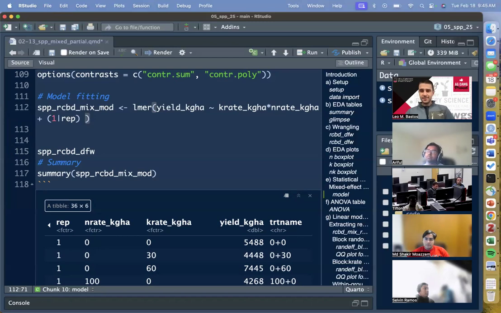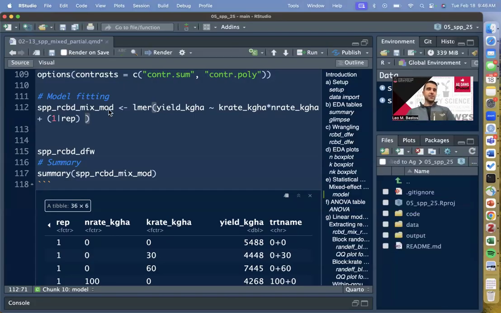Yeah, thanks, Shakir. All right, yes, so this is how the model looked when we had just a randomized complete block design with blocks random and our treatments, potassium and nitrogen, were at the same level. They were not at a hierarchy like they are in the split plots. So this is the model for a two-way treatment design, all crossed with blocks random.